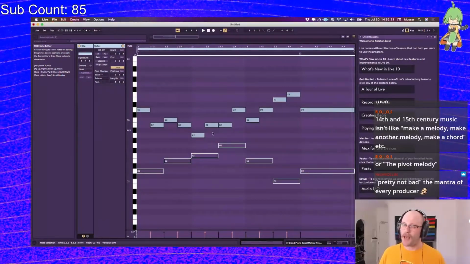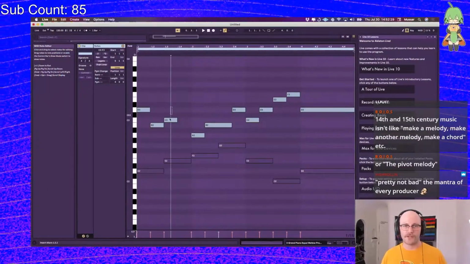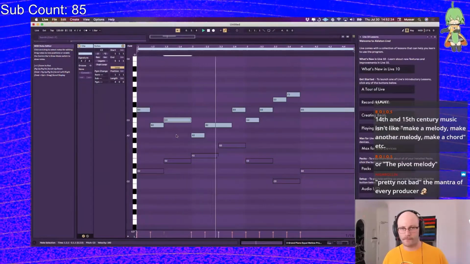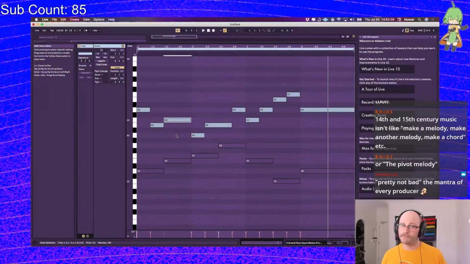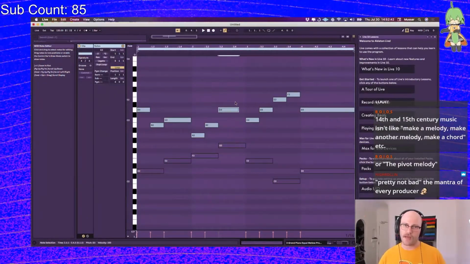That's not a horrible melody. And what if we extended some of these notes out? Rid of this one. Not too bad. This is kind of not what I like. That instead.